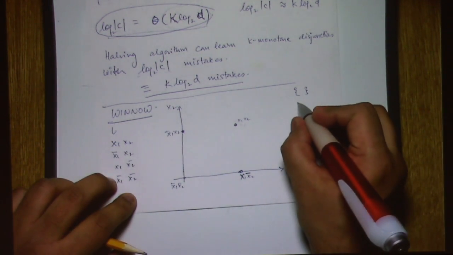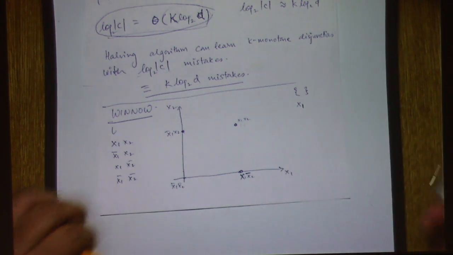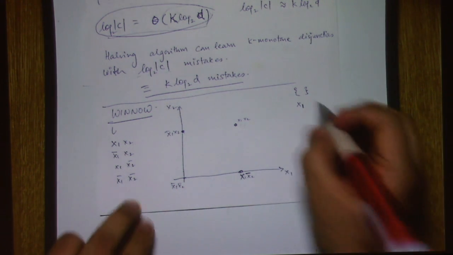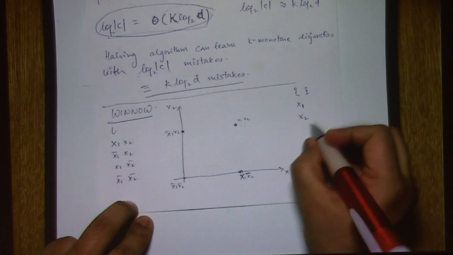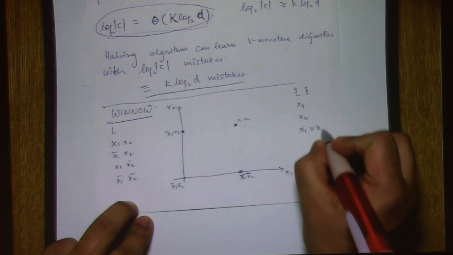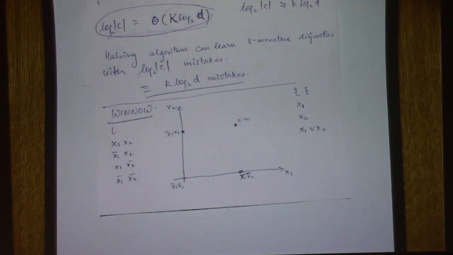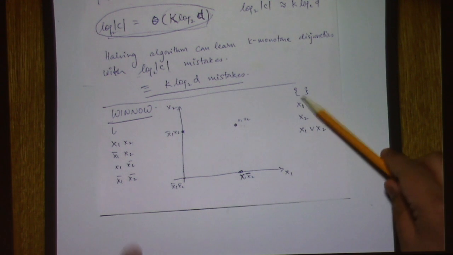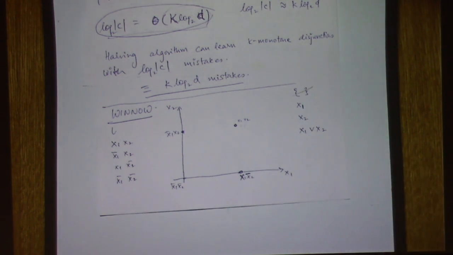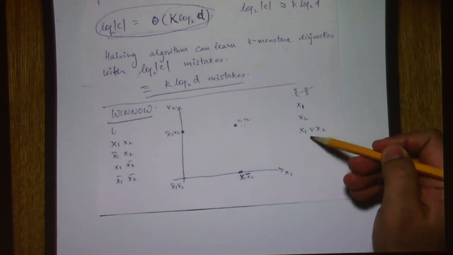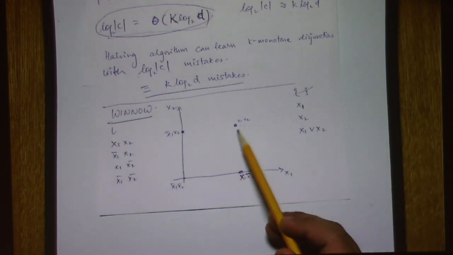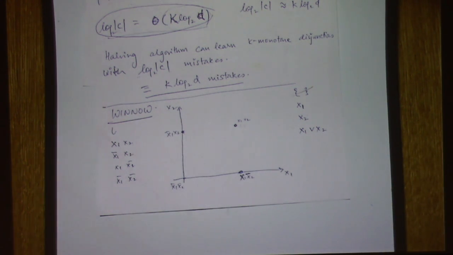One concept could be which only calls those things positive for which x1 is positive, one which is x2, one that is x1 or x2. So you can actually just have 4 k monotone disjunction concepts. What you will see is that for each one of these examples, let's ignore this one, you will be able to draw a line to separate them.